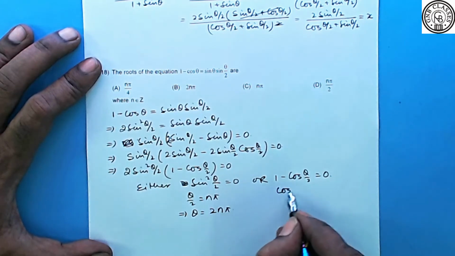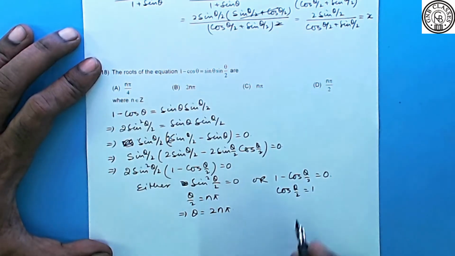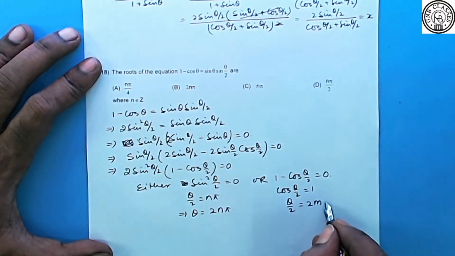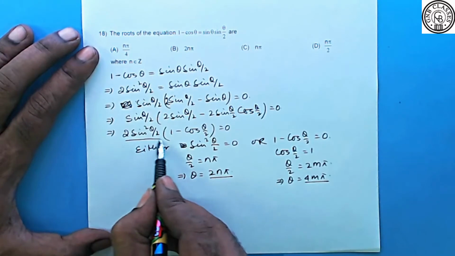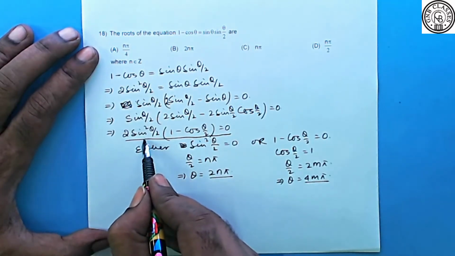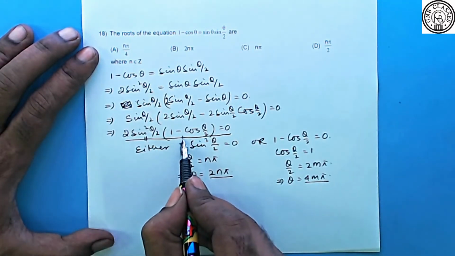Okay. When cos theta by 2 is 1, then theta by 2 is 2m pi, theta is 4m pi. Okay. Now from this equation, you can understand that either this will be 0 or this will be 0.